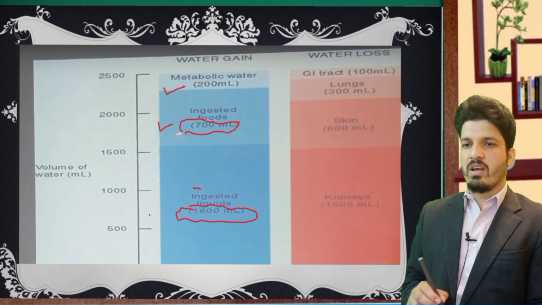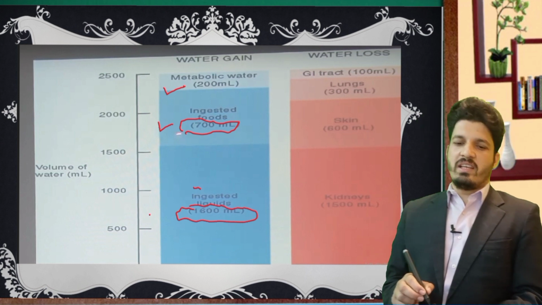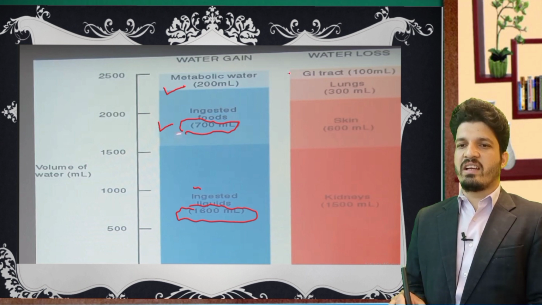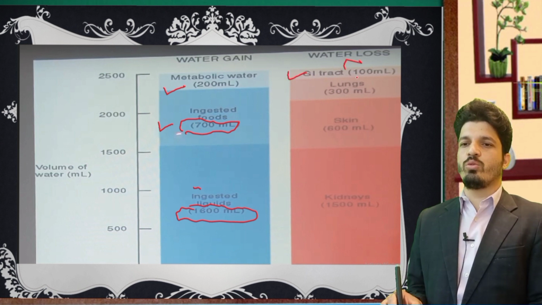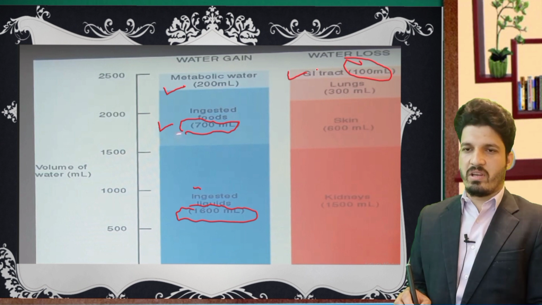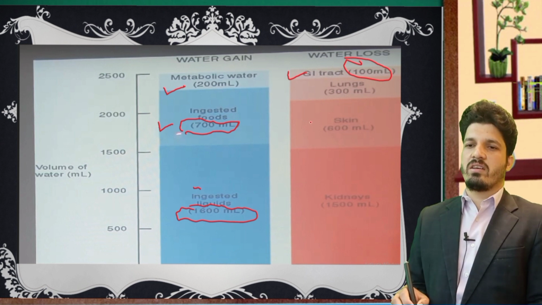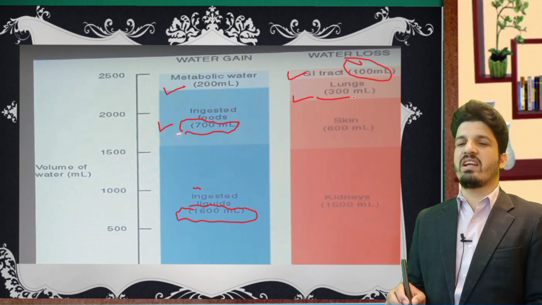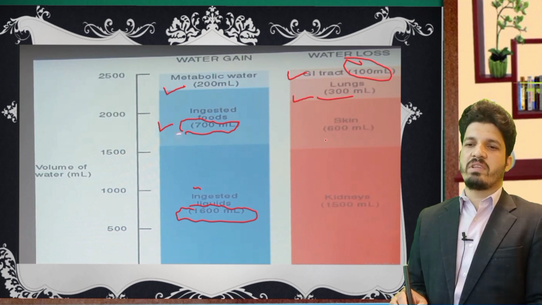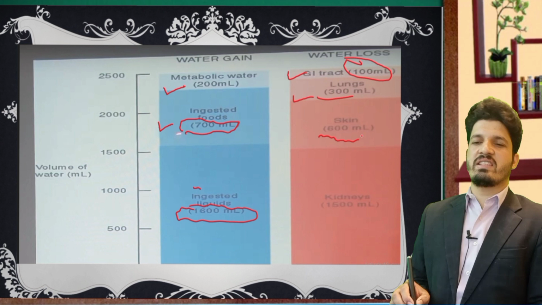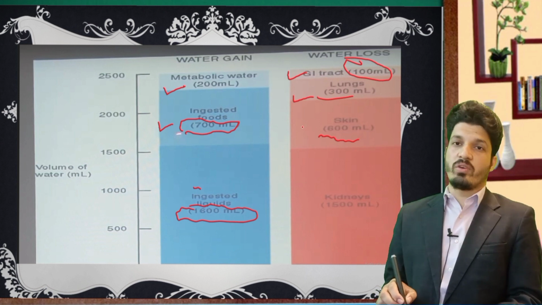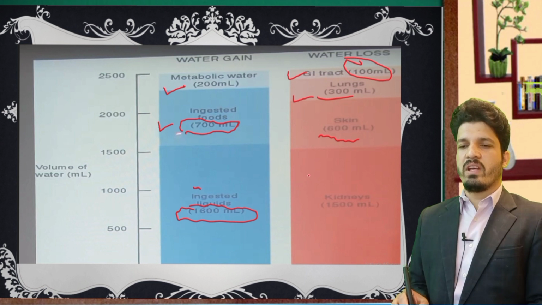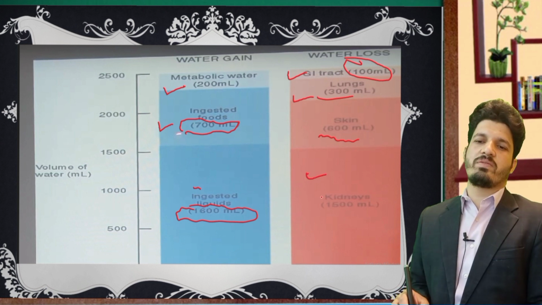So the water losses: it is lost from the GIT tract, especially in the stools, almost 100 ml. Then it's lost from the lungs through respiration, that's 300 ml, and from the skin 600 ml is lost per 24 hours, and from the kidneys in the form of urine almost 1500 ml.